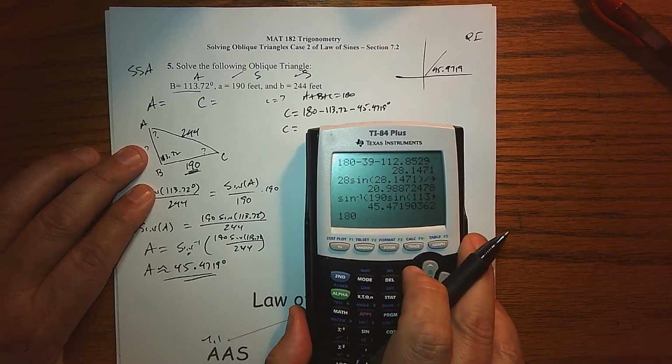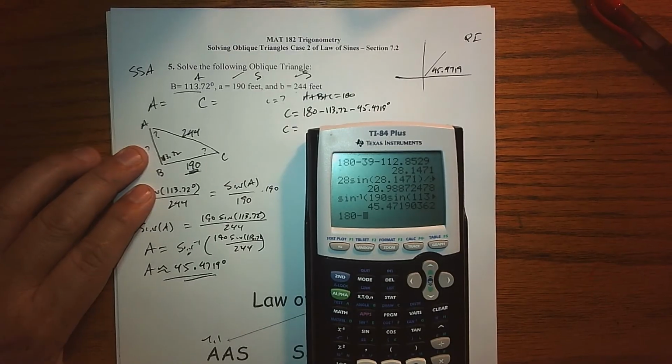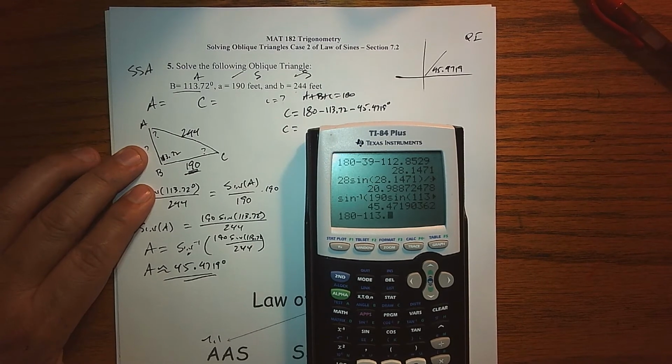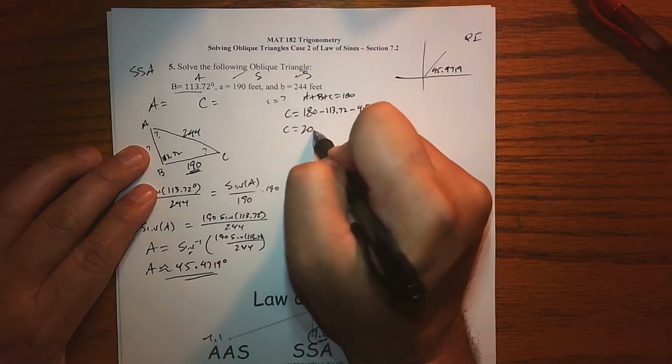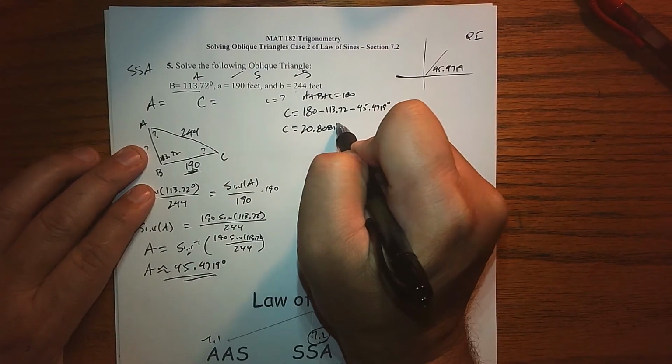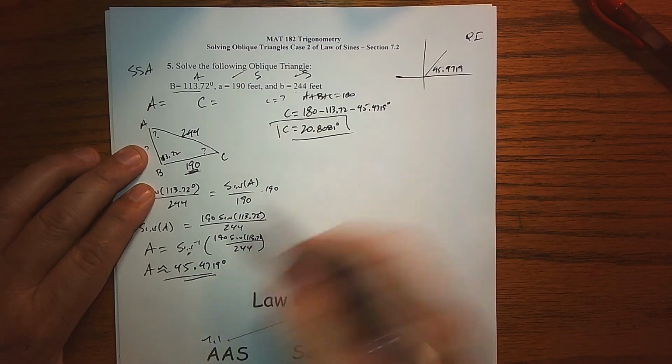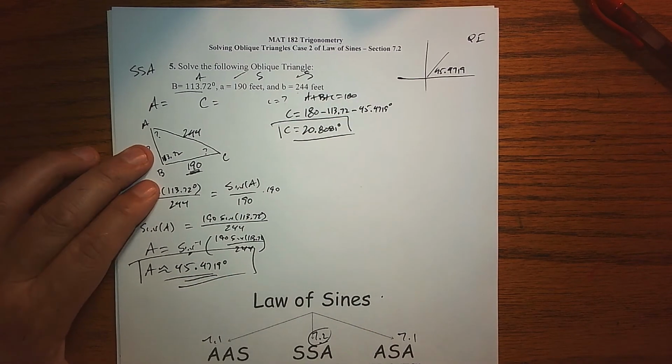So we get 180 minus 113.72 minus 45.4719. And so when I do that, we get 20.8081 degrees.